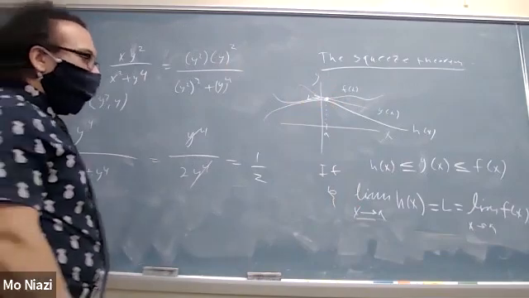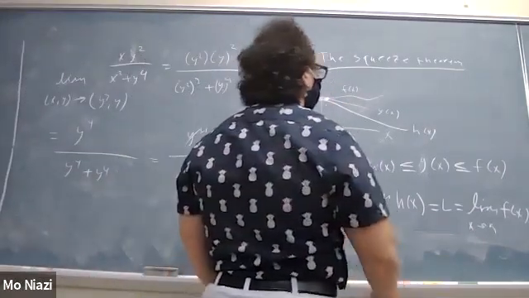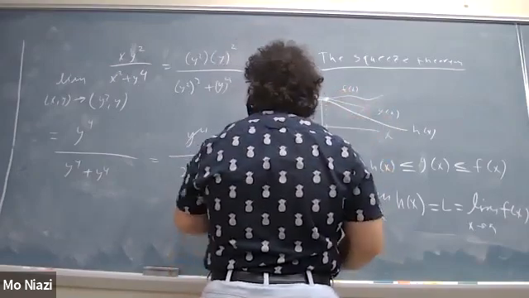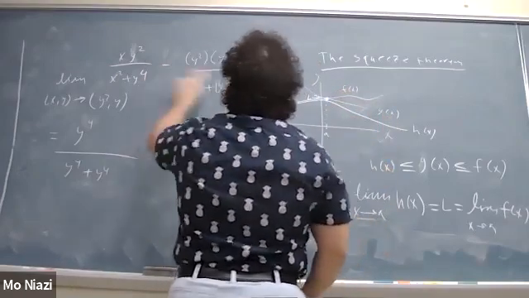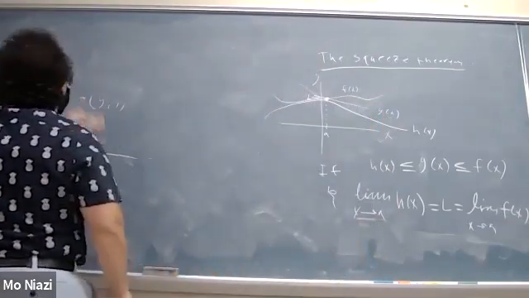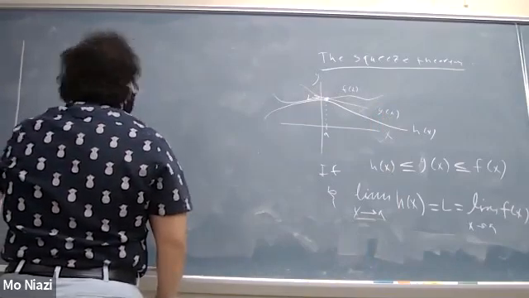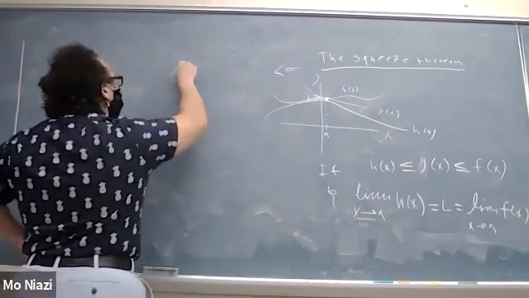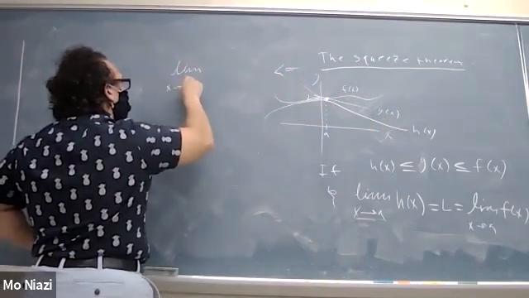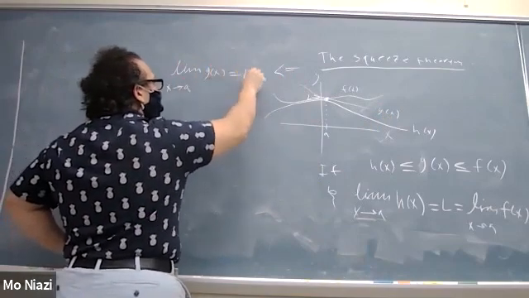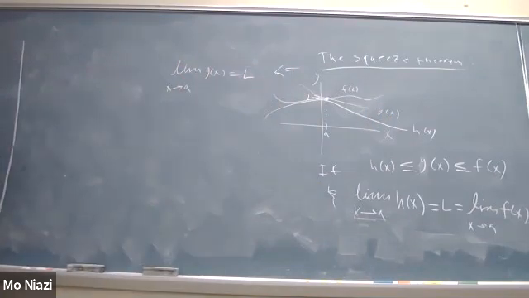And the limit of f of x as x approaches a is L. And this function is below, and this function is above g of x. The squeeze theorem says, given these conditions that hold, that implies that the limit as x approaches a of my middle function g of x is the same as the limits of the functions that bound it from above and below.